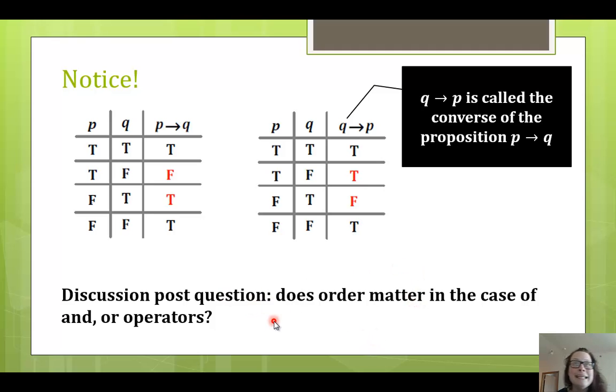So is P and Q logically equivalent to Q and P? Think about that. Post on the discussion boards. Ask around. Google. Well, first post, what's your intuition? Is P and Q the same as Q and P? Is P or Q the same as Q or P? Is P exclusive or Q the same as Q exclusive or P? So think about that.